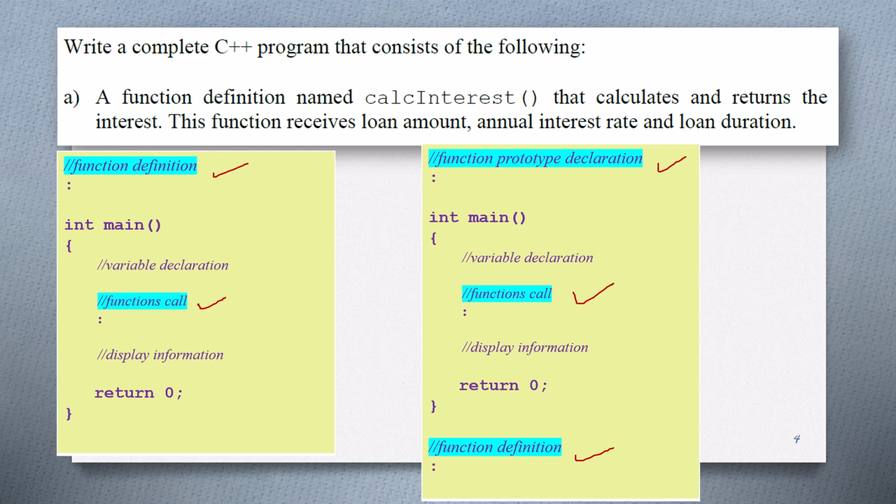Which one you prefer to use is up to you. But in this case, let me just choose the first version. When we use this version, we can write the function definitions on top of the main function and only call the functions inside the main function.